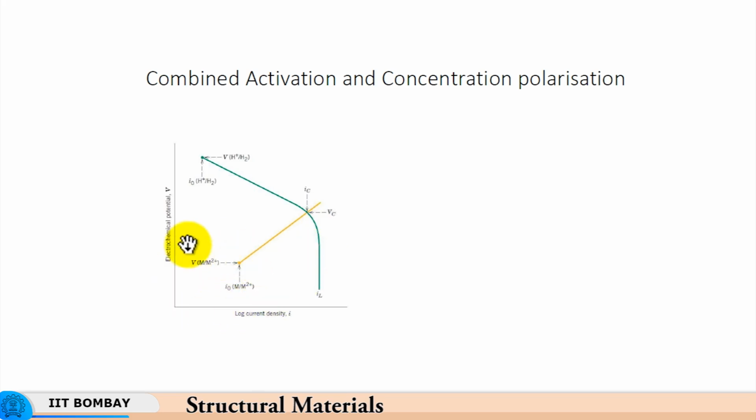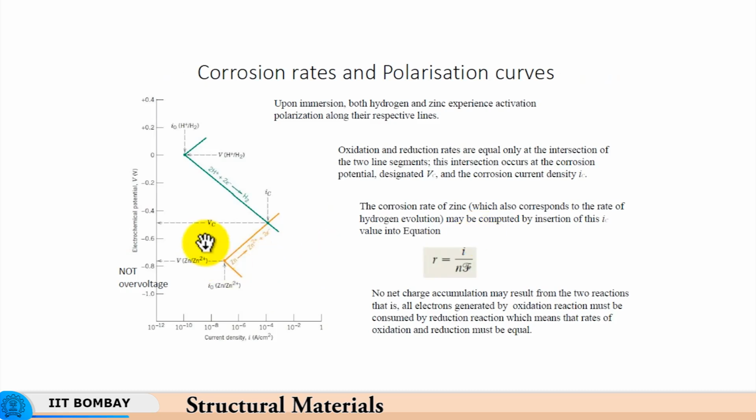So, here you see that there is a voltage corresponding to equilibrium voltage, and due to activation polarization, the voltage and the current density both increase, and then it intersects this curve of concentration polarization over here, and so this is the corrosion potential and this is the corrosion current density that is observed at this point of intersection. So, that is what we will see in some detail in the next slide.